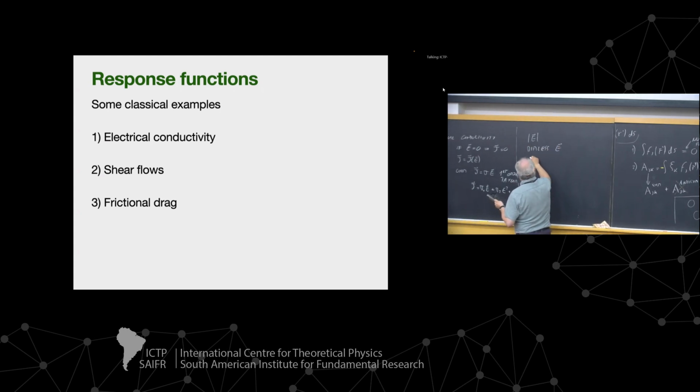Before going to that, the typical electric field is on the order of 220 volts divided by 1 millimeter. This is the typical electric field that you have in everything that you use. So you have to make a dimensionless electric field.